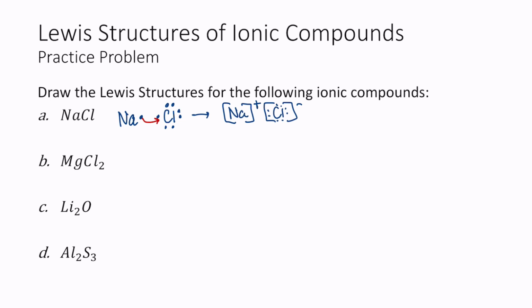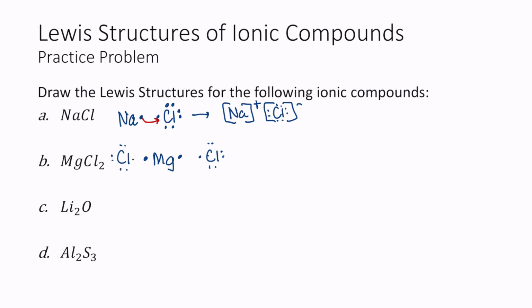In this next example, we're not dealing with a 1-to-1 mole ratio anymore. So if I look at my magnesium and I have 2 valence electrons, I just am going to draw them on either side like this. And then I can draw in my chlorine. Chlorine has 7 valence electrons.